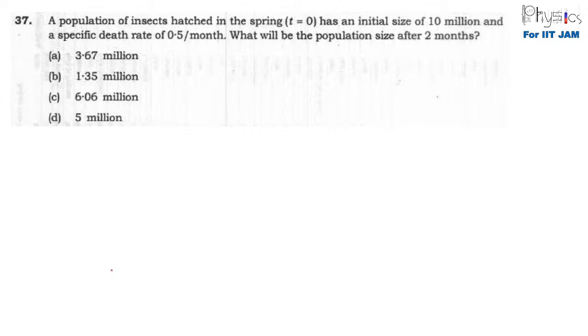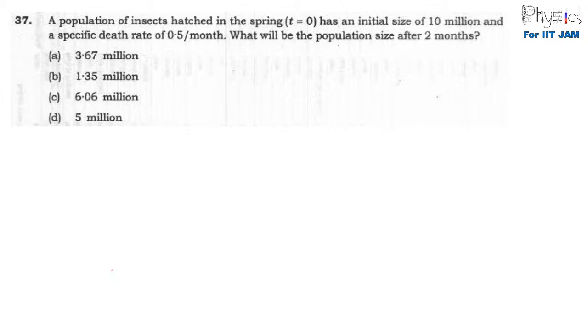This is the next question. A population of insects hatched in the spring, t equals 0, has an initial size of 10 million and a specific death rate of 0.5 per month. What will be the population size after 2 months?